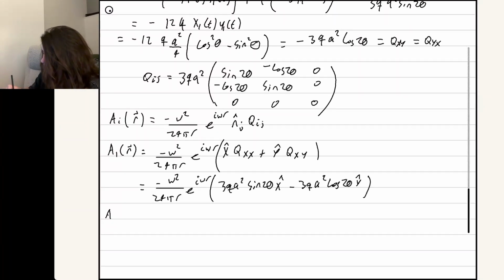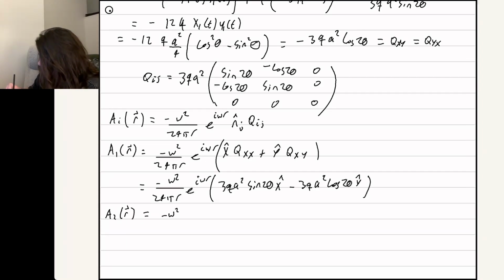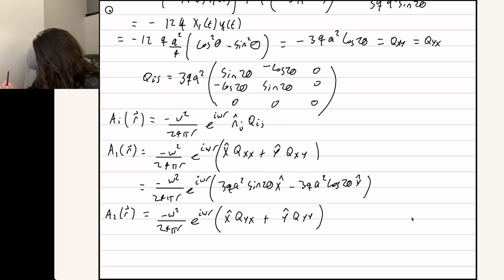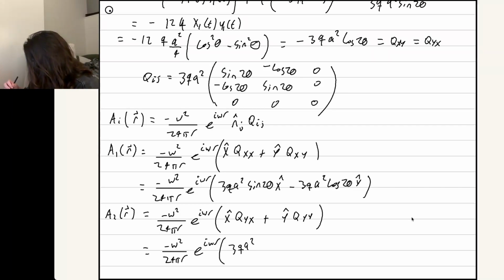Without simplifying further, I'll go on to the next component. That is A2 equals minus omega squared over 24 pi r e to the i omega r. Summing over j, we'll have x hat q yx plus y hat q yy. So it's going to be minus omega squared over 24 pi r e to the i omega r 3qa squared.